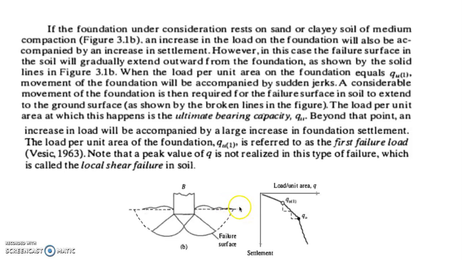A considerable movement of the foundation is then required for the failure surface in the soil to extend to the ground surface, as shown in our broken line. The load per unit area at which this happens is what we call the ultimate bearing capacity, which is Q sub U. Beyond that point, an increase in load will be accompanied by a large increase in foundation settlement.